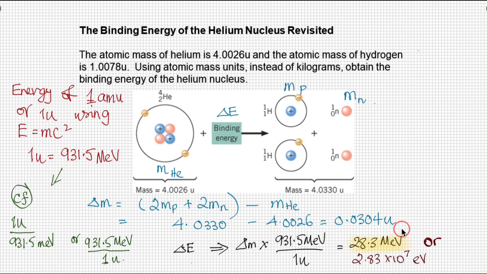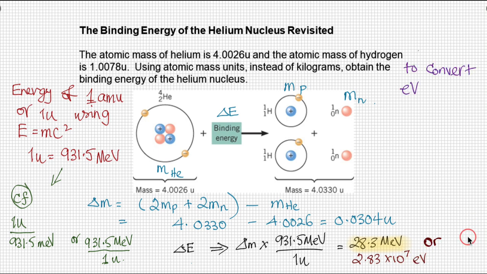Now, we can convert this to electron volts using our conversion factor for mega meaning 10 to the 6. So we can simply convert that to electron volts. That would give us 2.83 by 10 to the 7 electron volts.